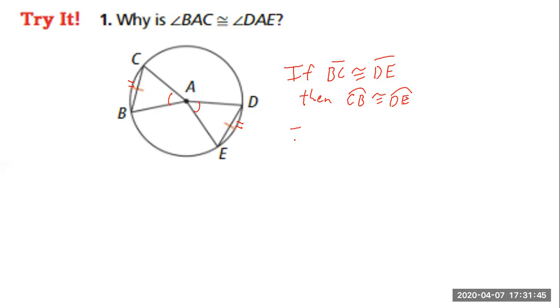And if arc BC is congruent to arc DE, then the central angles that intercept those arcs are congruent. So then angle BAC is congruent to angle DAE. So that's why they're congruent.